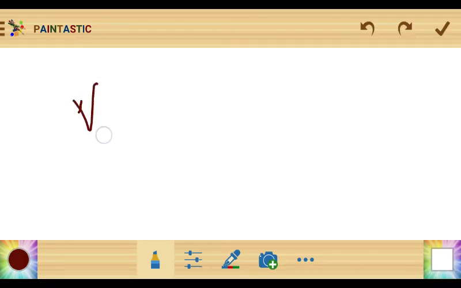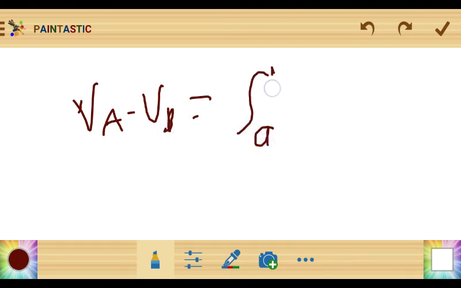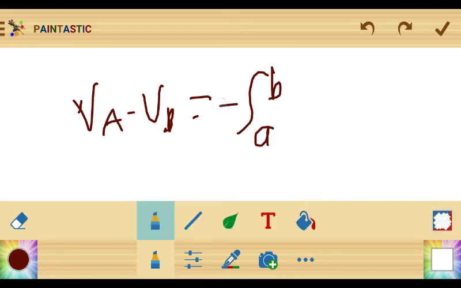So VA minus VB is the line integral, which we have done. This is the theorem we have done: the line integral of E dot dl.